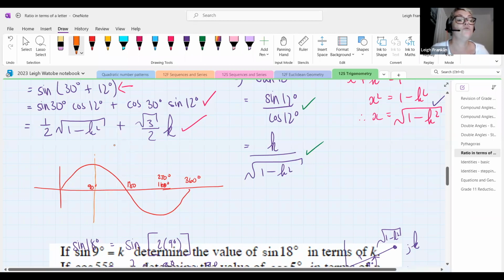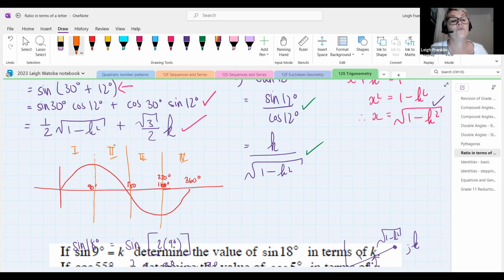And I think it also helps to look at it like this. That's quadrant number 1, where the graph is positive. Here's quadrant number 2, it's still positive. Then we get into quadrant 3 over here, and quadrant 4 over there. So if we have a look at this, you can see it's not a straight line, it's not linear.